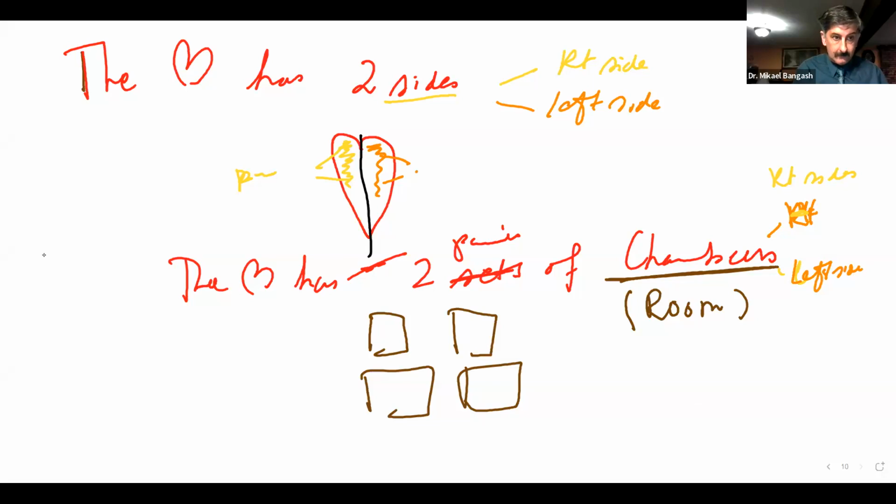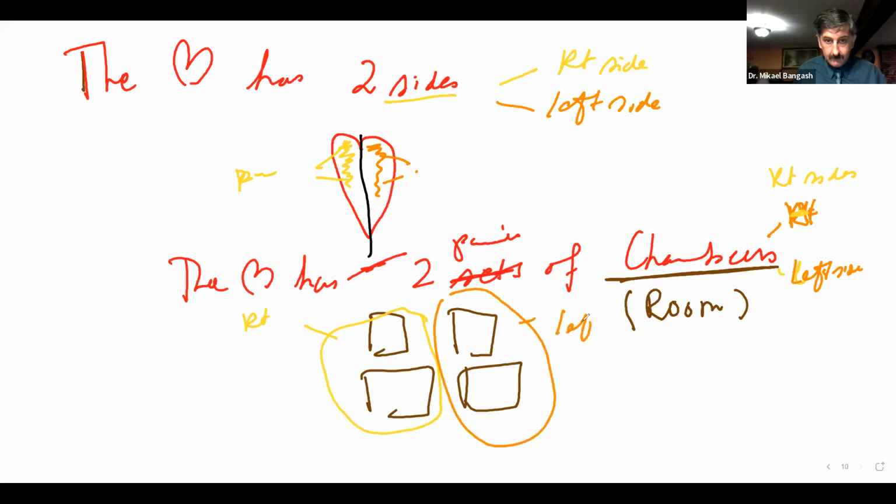So if we said that this side of the heart here was the right side. And we say this side here was the left side. These 2 rooms here, or these 2 chambers on the right side will make up the right side of the heart.